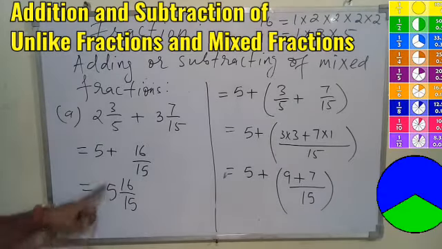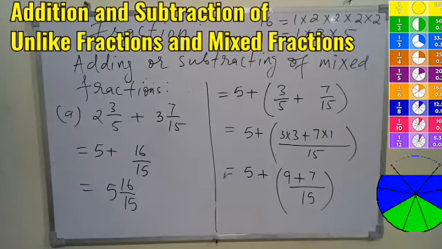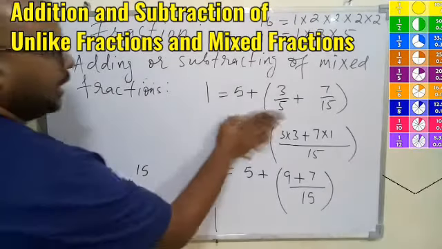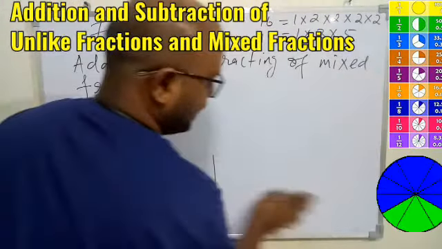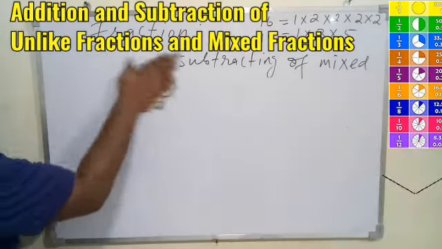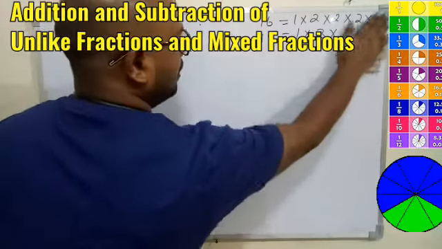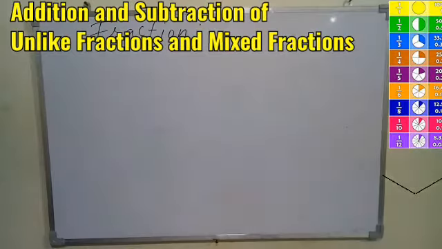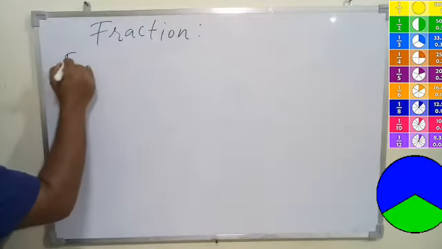And finally we are converting the same into a mixed fraction only. So I hope you understood what is to be done when we have unlike fractions and when we have mixed fractions. Now let's do the questions from the exercise so that we can have some practice.